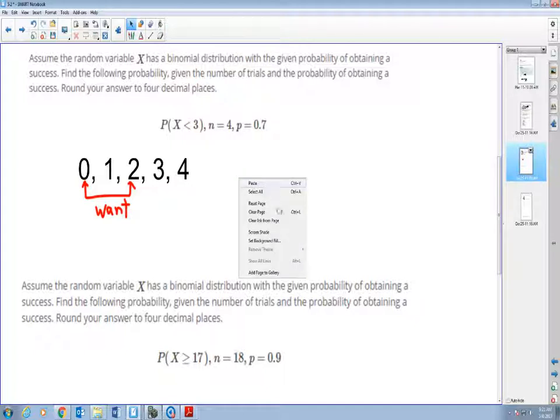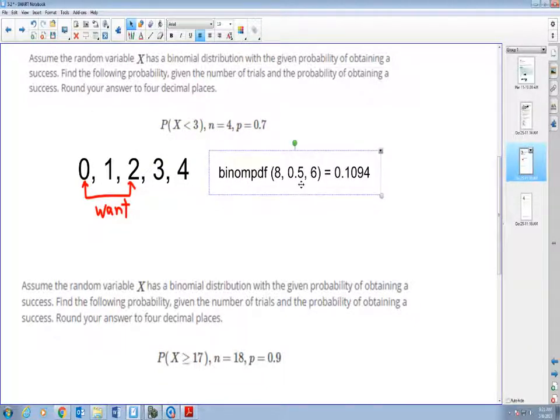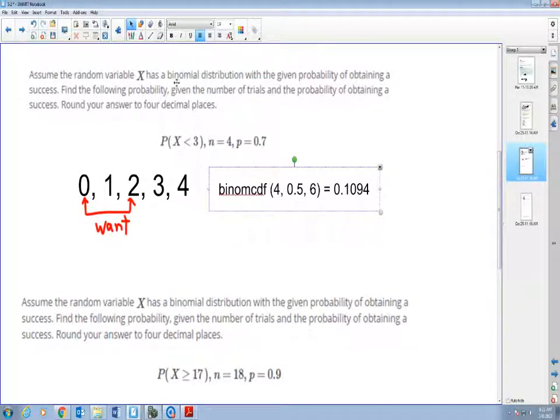So this one is going to be binomial CDF. My number of independent trials is 4. The reason I'm using binomial is because the problem says the random variable x has a binomial distribution. Probability of success 0.7. Now the number of successes is the only part students can trip up on.